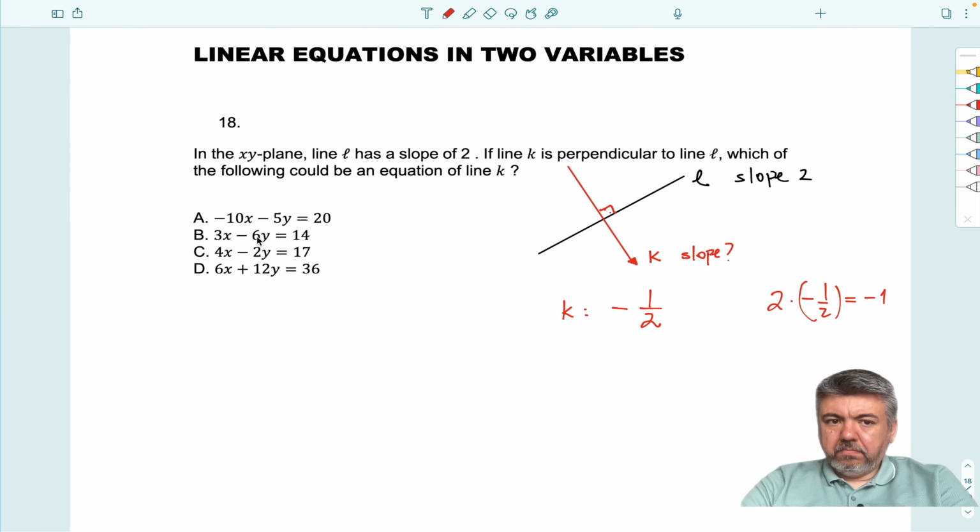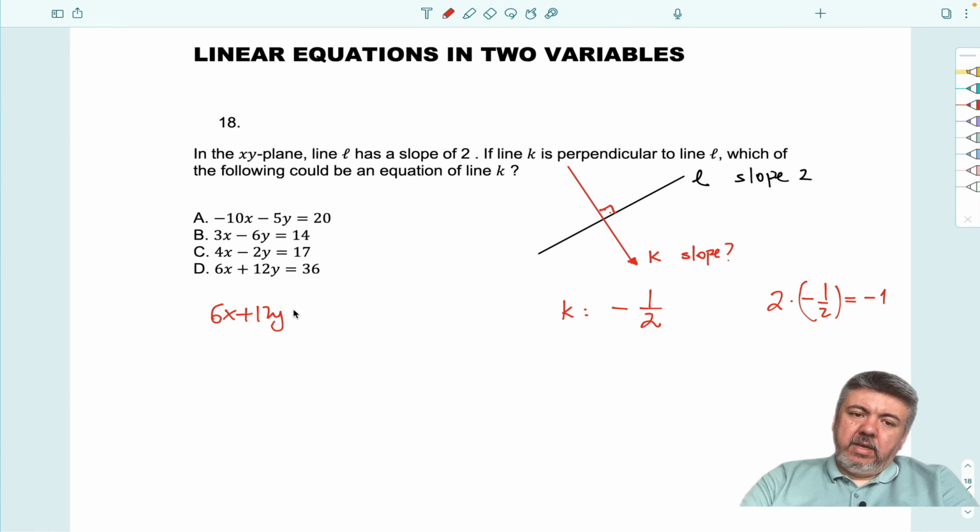Which one? Let's try D. 6x plus 12y equals 36. Then add negative 6x to both sides. 12y is negative 6x plus 36.